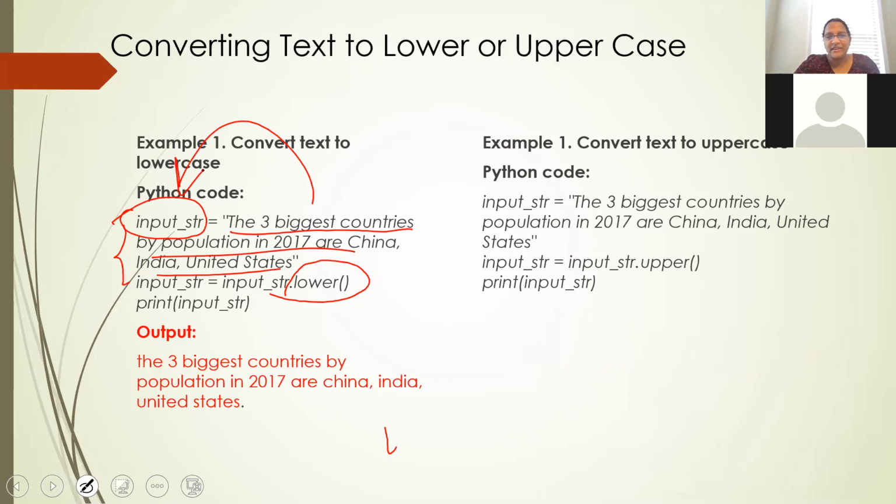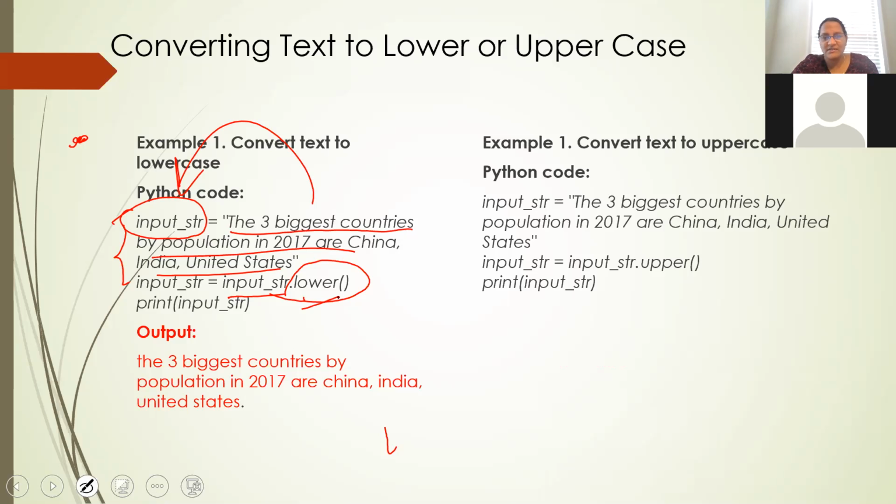And then what did I do? I wrote input str, the name of the string, and then I called the function dot lower. Whenever we call a function from any library, we just use this dot to call the function. Then we say lower.